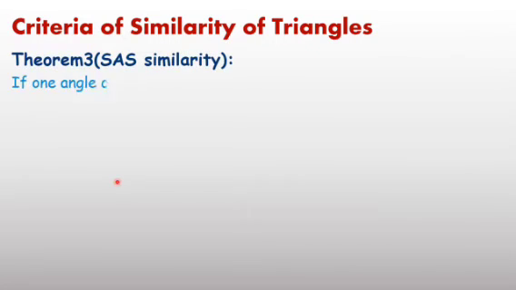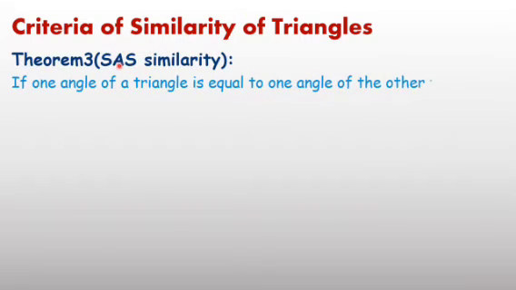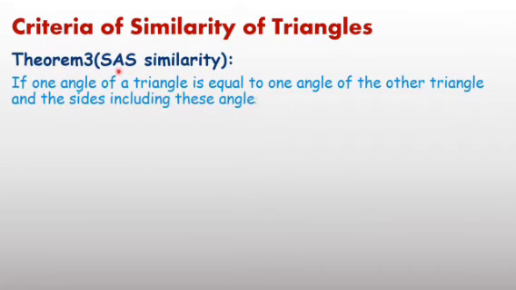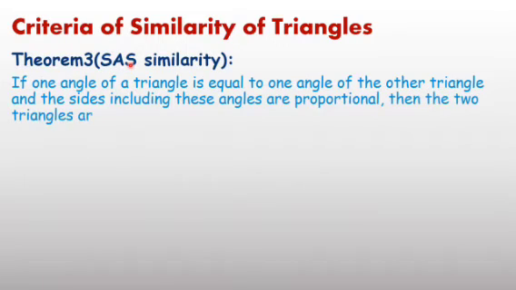Now next, third criterion, the third theorem on similarity of triangles: SAS similarity. As written here, SAS means two sides and the angle included between these two sides. Whenever there are two sides having a common vertex, the angle means the angle formed by these two sides at that common vertex, which we will consider.